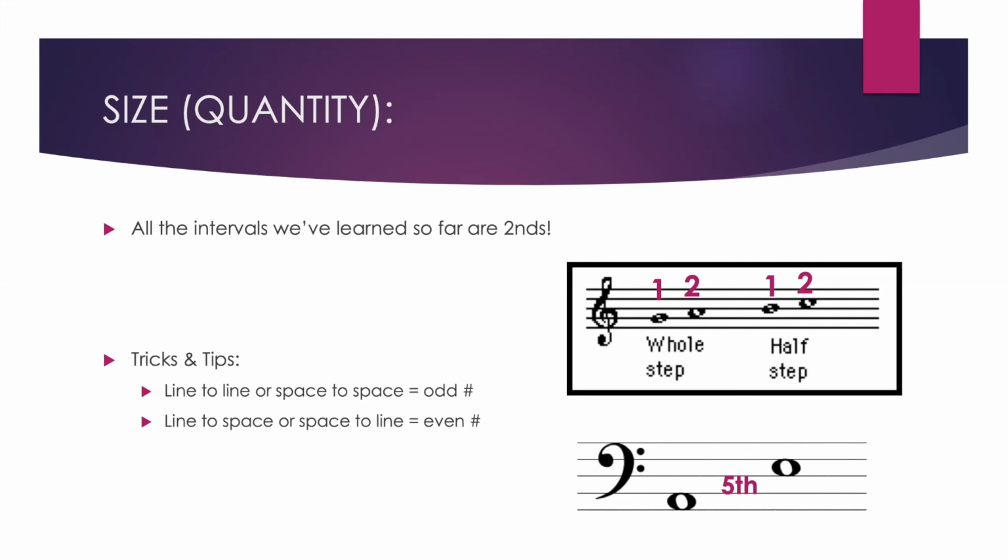These are always going to be line to space notes or space to line notes, and that's an example of an even number. And so you can always check your work very carefully and quickly by determining whether it's an odd or even number, whether it goes line to line, space to space, line to space, or space to line.